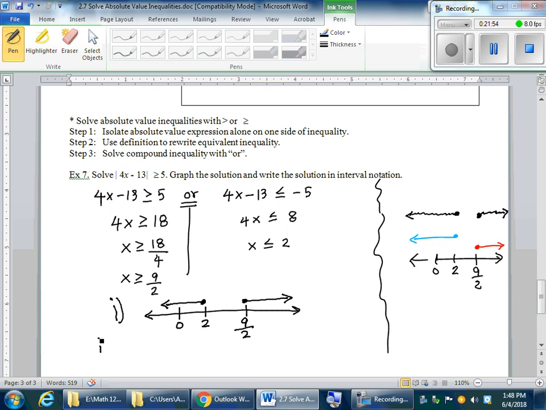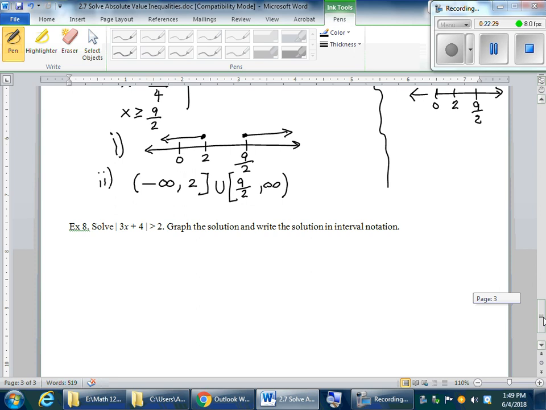Interval notation is writing from the smallest value to the largest value, so it'll be negative infinity to 2, and negative infinity is parentheses, 2 is inclusive, so it's bracket, union with 9 over 2 to positive infinity. And again, 9 over 2 is inclusive, so it'll be bracket, and the infinity is not inclusive.